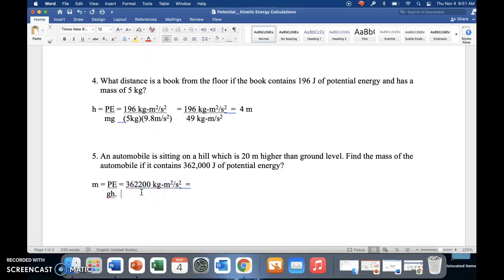In this case, I'm taking my G, that is my 9.8 meters per second squared, and I'm going to multiply that by my H, in this case 20 meters. Then I go over here and work the problem. I still have my 362,200 kilograms meters squared per second squared.